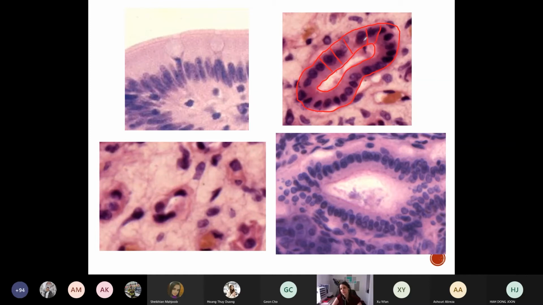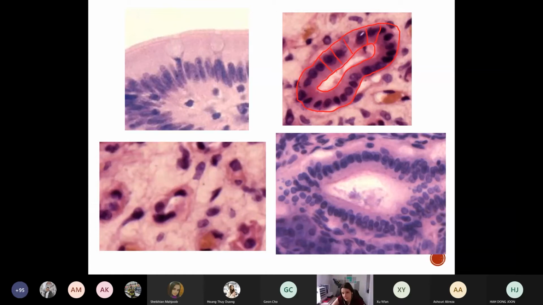If you do this, then you will be able to tell if the cell is a squamous cell, a cuboidal cell, or a columnar cell. In case of squamous cells, the cells are wider than their height. In case of cuboidal cells, the width and the height of the cells are approximately the same. In case of columnar cells, the cells are much taller than their width.